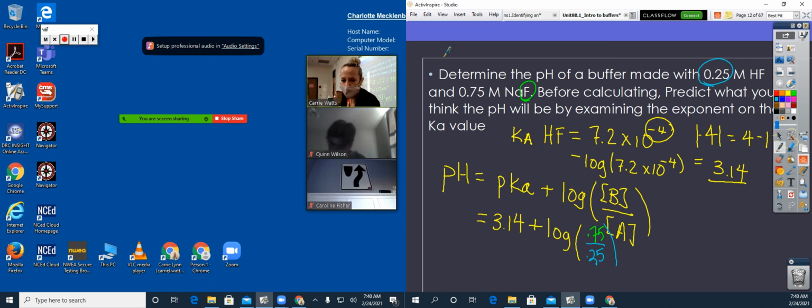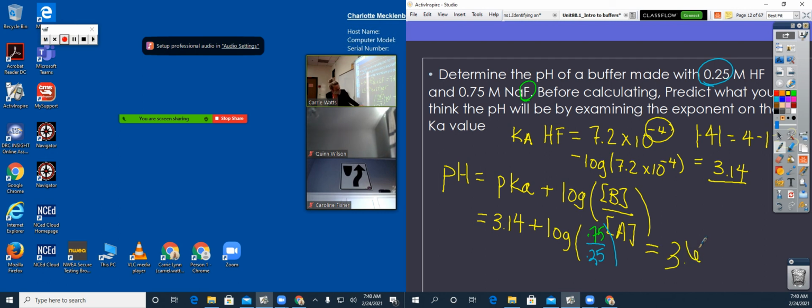So we got 3.14, which is the pKa, the negative log of the Ka which we looked up, plus the log of 0.75 over 0.25. Notice they're both in molarity, so it's cool. Equals 3.61.